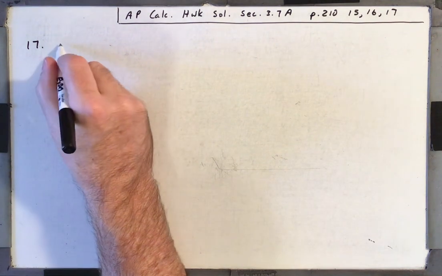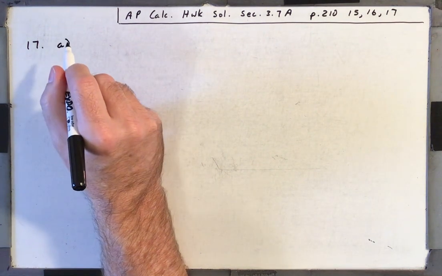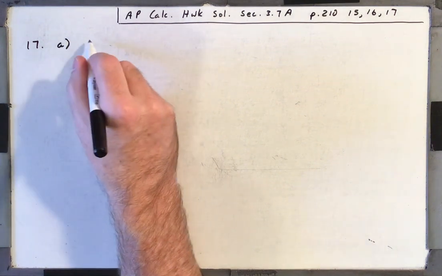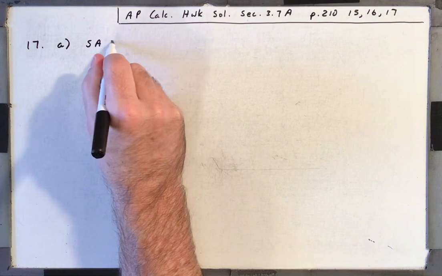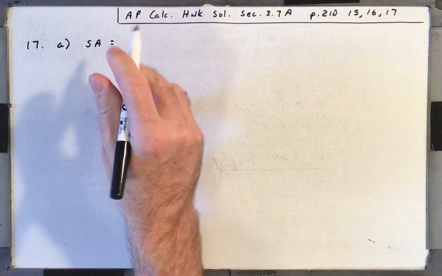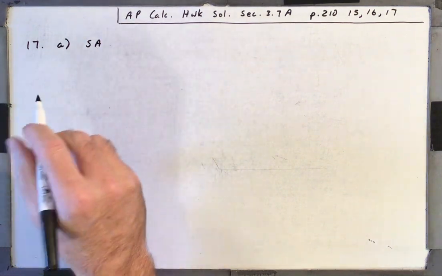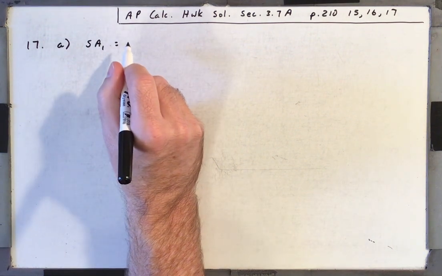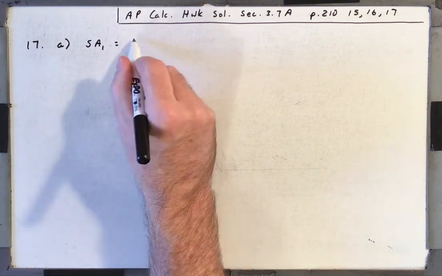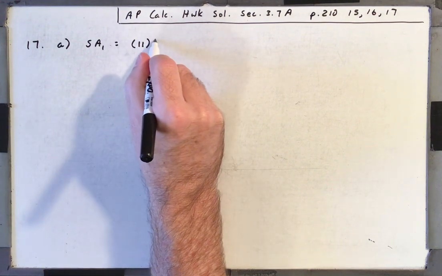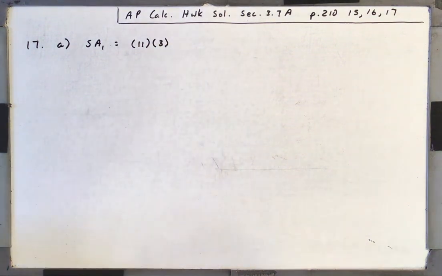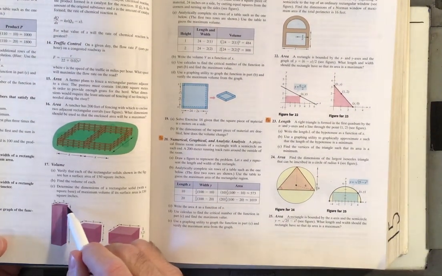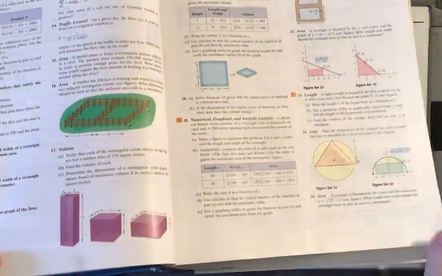All right, so for part A, we want to do the surface area. So the surface area for figure 1, so that's the far left one, is going to be 11 times 3. Okay, so the face, that is a height of 11 and it has a width of 3. So 11 times 3, there's 4 of those faces.